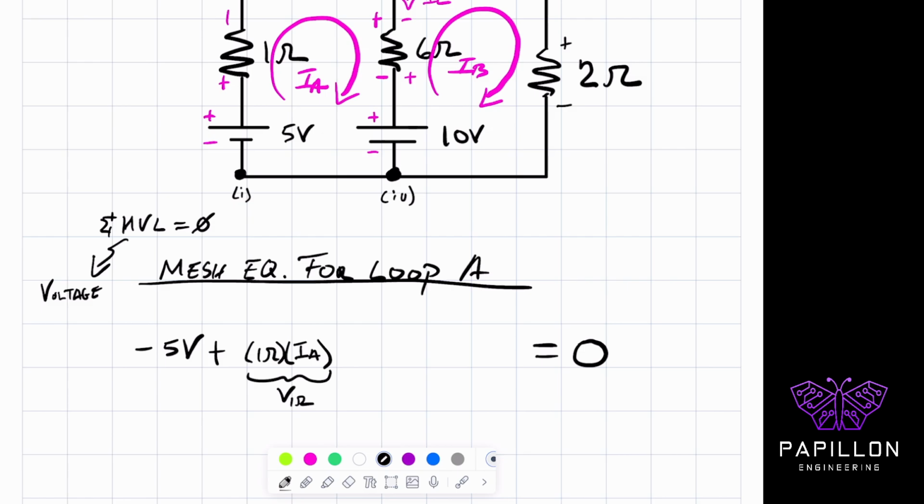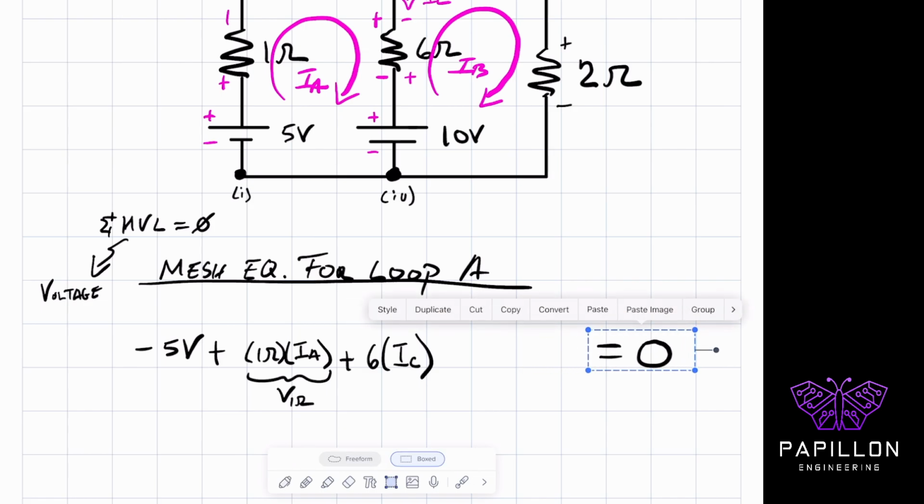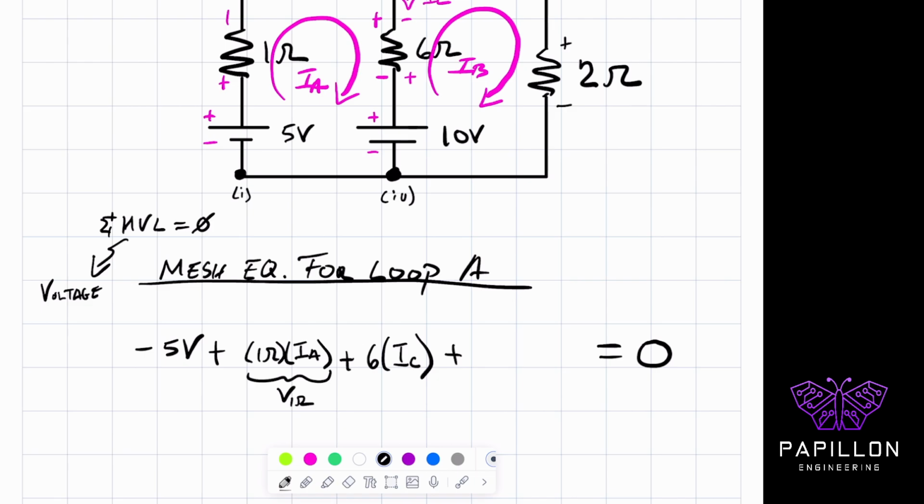See what I did there? And then the next one, I'm entering into the positive side of the 6 ohms. So what I see here is plus 6 times IC. And then finally, I have plus 10 volts.